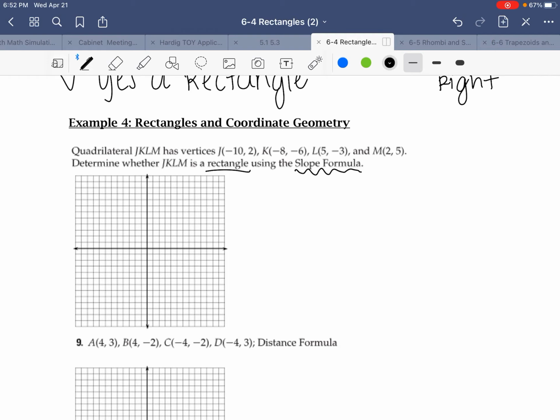So the first thing that we need to do is plot all 4 points. So go ahead and take a moment and do that.